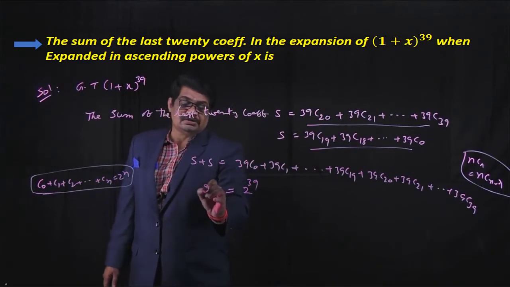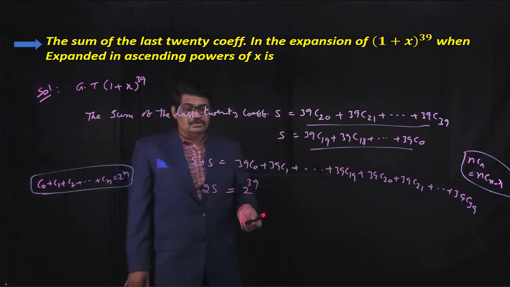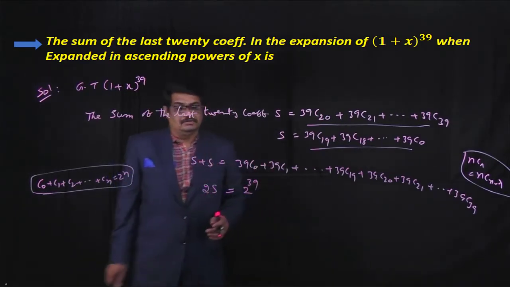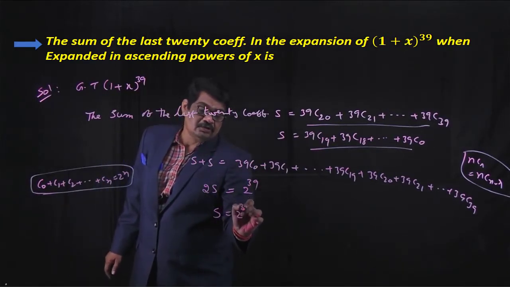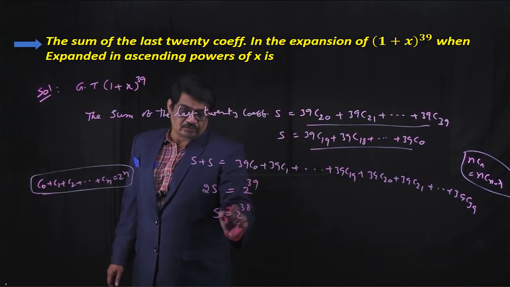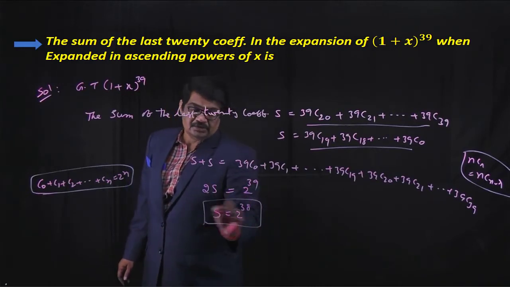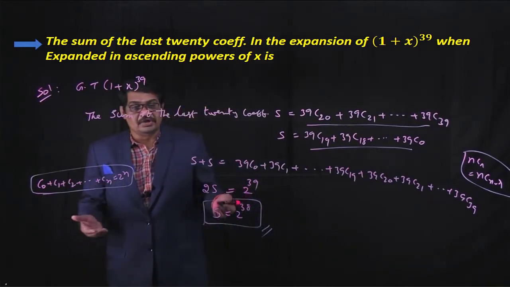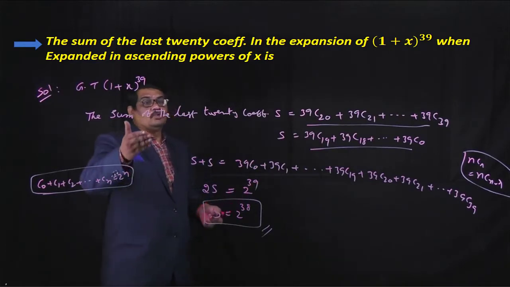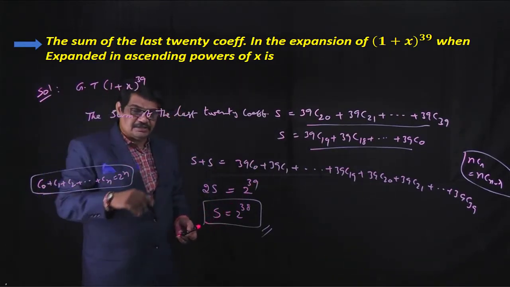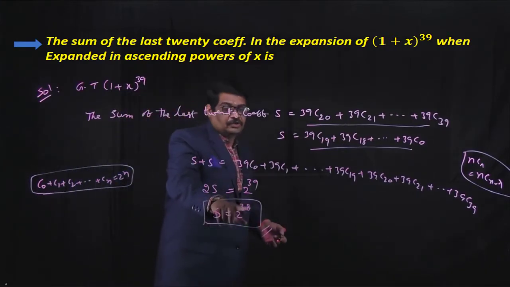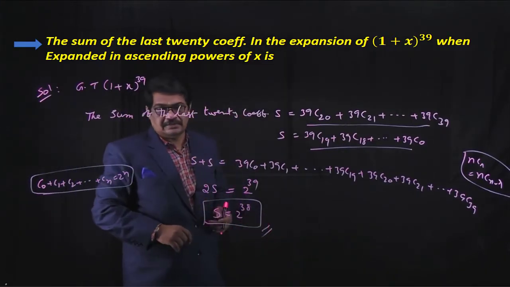So 2S is equal to 2^39. Therefore, S is equal to 2^39 divided by 2, that is 2^38. So the sum of the last 20 coefficients in the expansion of (1 + x)^39 is 2^38. That is the answer.